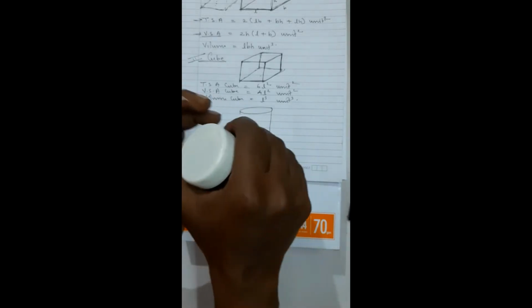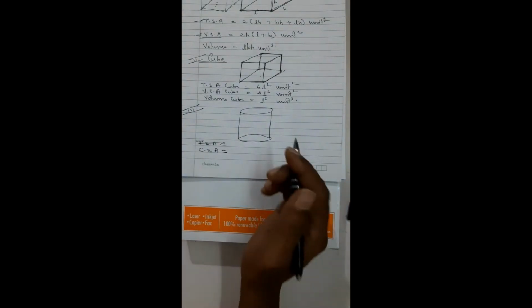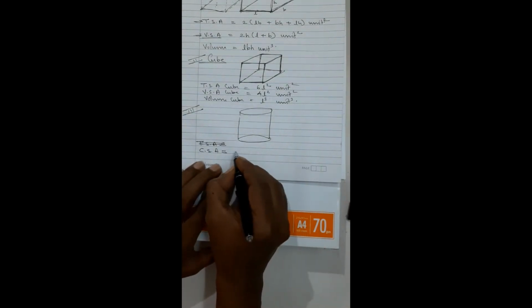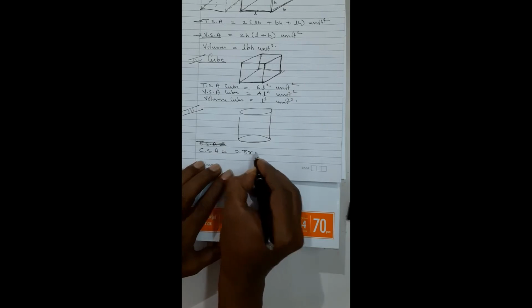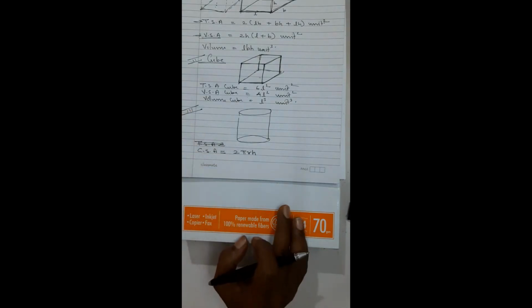It is a hollow pipe, you can consider like a hollow pipe. When we are going to measure only this curved surface area, at that time the formula is 2 pi r h. This is the formula of curved surface area. Only the curve, this surface area you are measuring, at that time it is 2 pi r h.